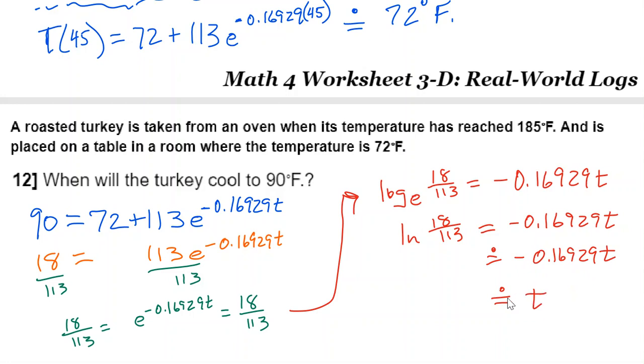So first of all, let's find the natural log. Natural log 18 divided by 113, close parenthesis, bam. That should be about negative 1.837 and some change. And then we're going to divide by negative 0.016929.